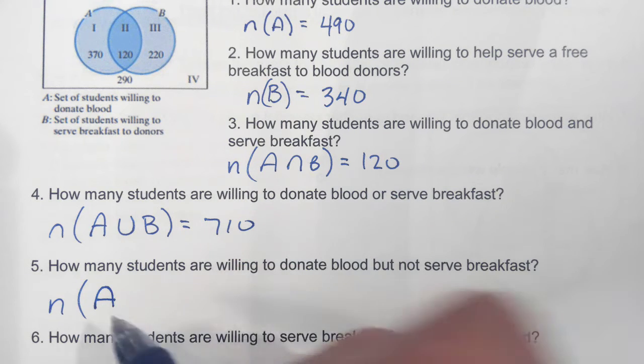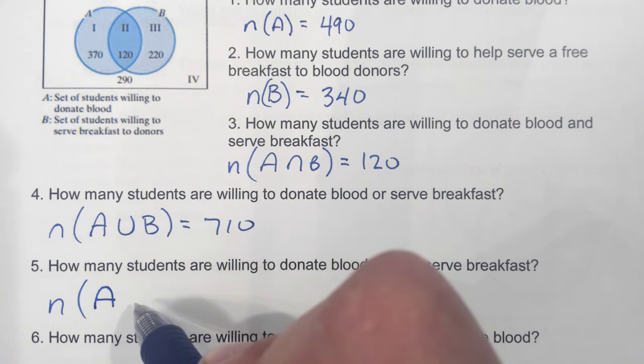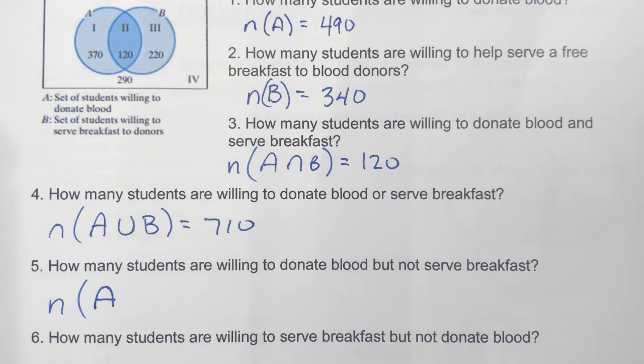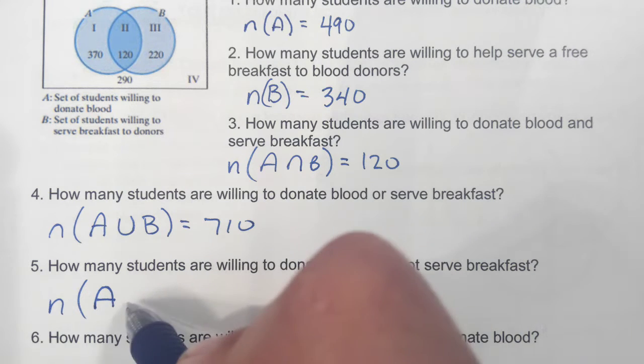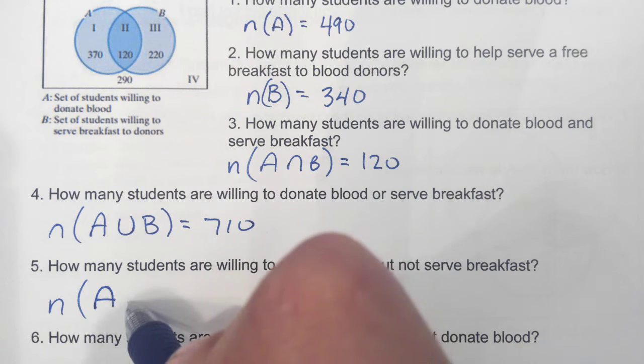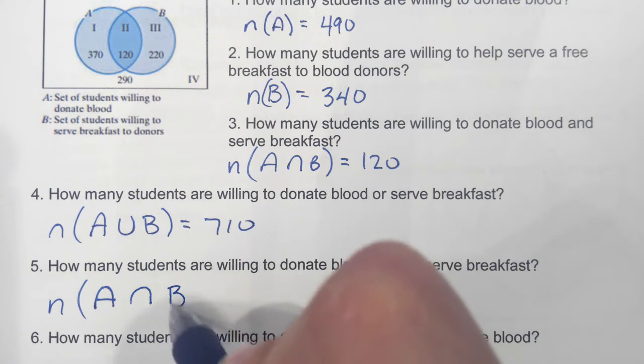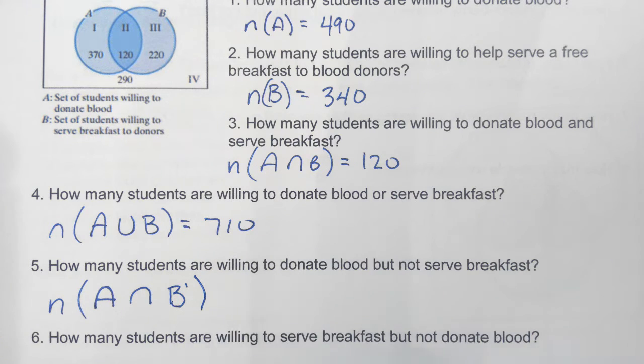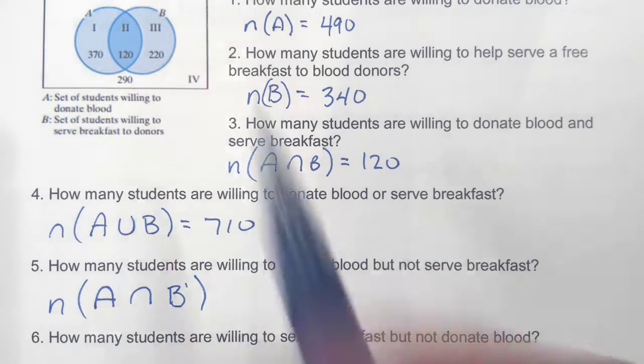But they do not serve breakfast. But means intersection, remember that. So not serve breakfast would be the complement of B. So it's in A, but not in B. That would be 370.